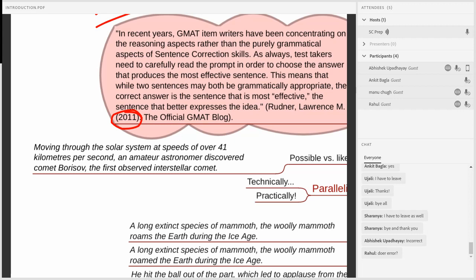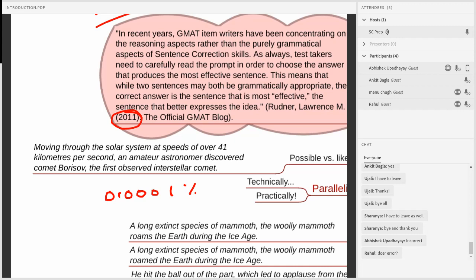Many times I see people taking these 0.01% probability calls, and then they will say, oh, the possibility exists, so how can I remove this option? In SC, we need to remember that we need to go for the most likely interpretation. We never let these edge cases decide our interpretation of the meaning. So in this sort of situation, we do exactly what Rahul said. We identify that there's a doer error and we remove such options.